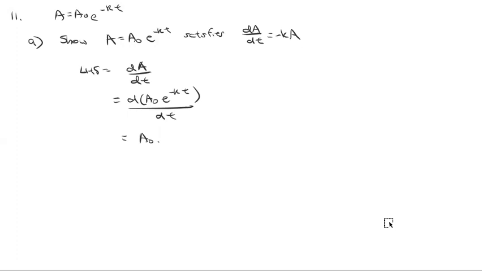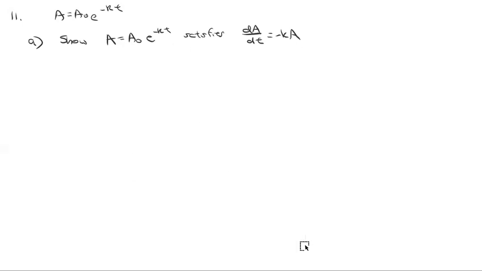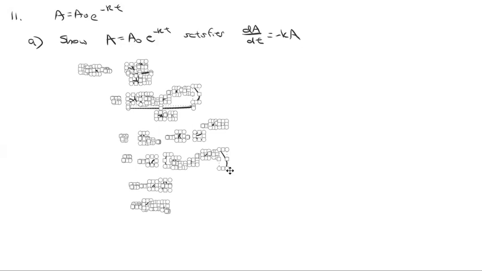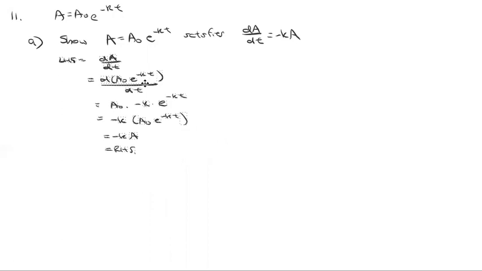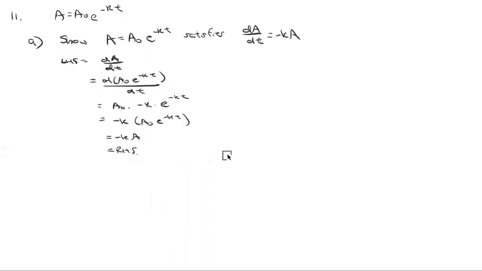When you differentiate e to the negative kt, you take out negative k at the front, and you get e to the negative kt, which means it's negative k times A0 e to the negative kt, which is negative kA, which is the right-hand side. And that's it.